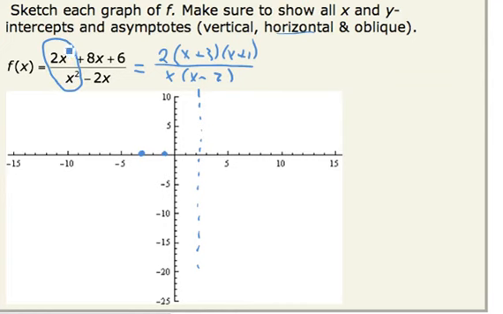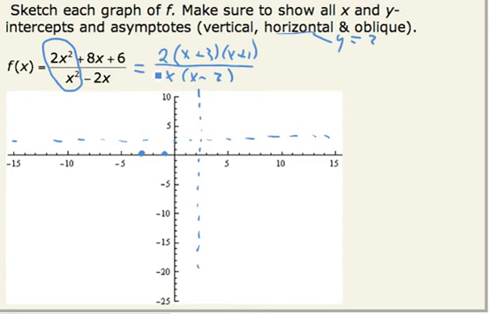So if we notice this, the x squareds will cancel, so f of x equals 2, or in other words, the horizontal asymptote is at y equals 2. If x is very, very large, the y values are close to 2. So at y equals 2, this horizontal line, we will have a horizontal asymptote.